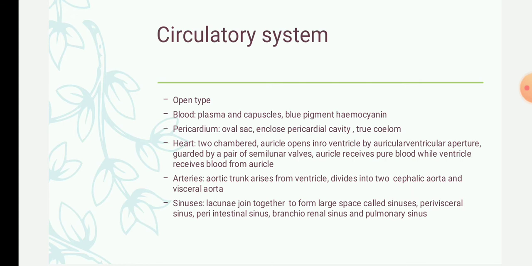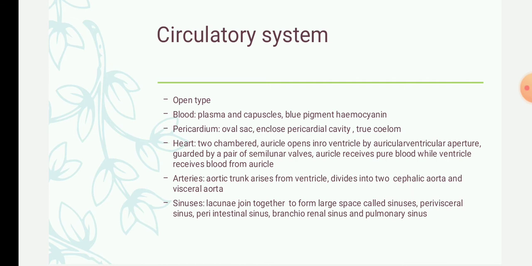Okay, once again I'll revise. The main artery that arises from the ventricle is the aortic trunk. The aortic trunk divides into two branches, that is cephalic aorta and visceral aorta. The cephalic aorta bifurcates at the base and dilates to form a sac-like structure called the aortic ampulla. This aortic ampulla contracts and helps the flow of blood in the cephalic aorta.